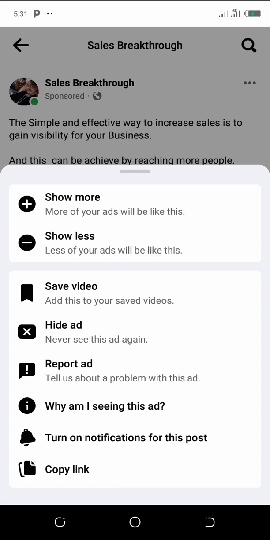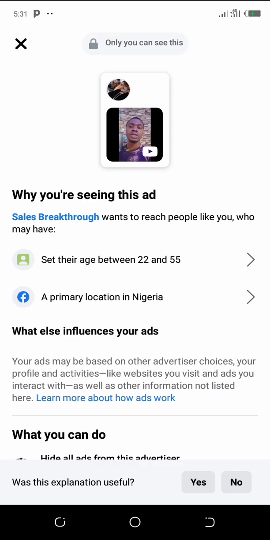You click on it, and it's going to show you some important details of the reason why you are seeing this ad, and there you can see some interests this very guy is targeting. You can implement that. If you sell physical products like this guy, you go to your Facebook ad and your ad creative, and you implement that in your detailed targeting.